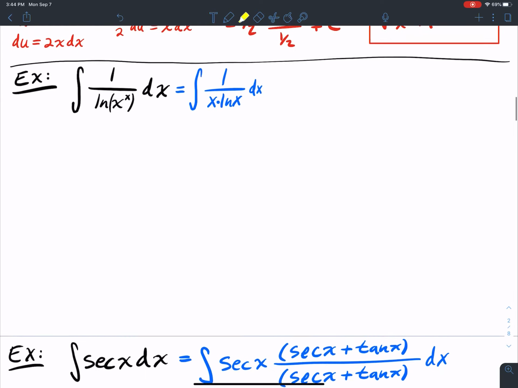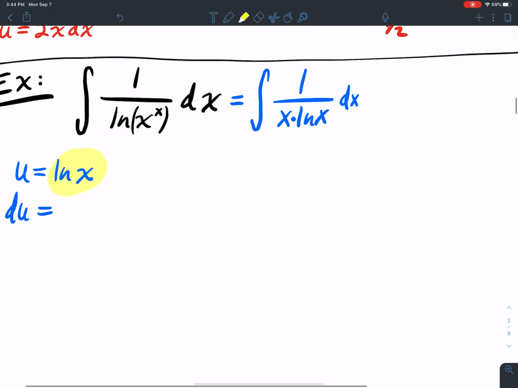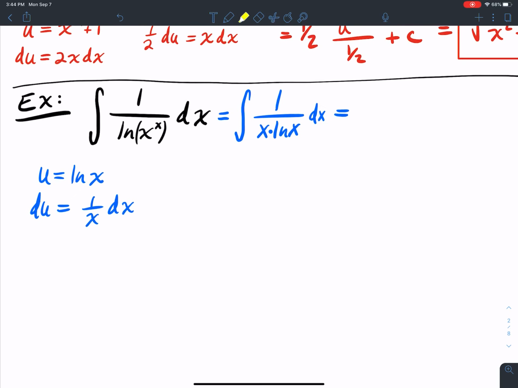Now I'm going to make a u substitution. So I'm going to choose u to be the more complicated one, ln x. And then the derivative of ln x is 1 over x dx. That's the differential there. So I'm going to rewrite this as three different things: 1 over x, 1 over ln x, and dx.